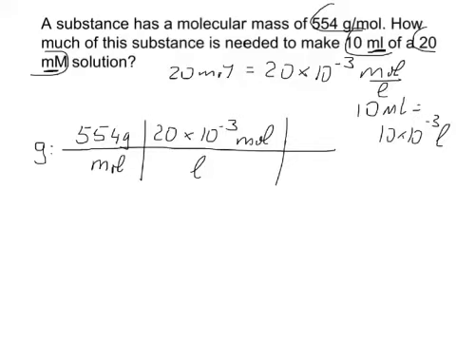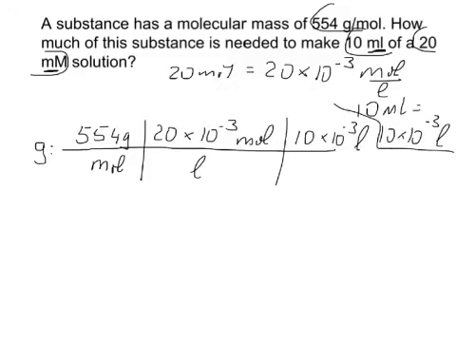Milli is 10 to the minus 3. So all we need to do is we need to write it in such a way that the liter here, which is down here, will find its equivalent up here. So we put these liters up here. So we have 10 times 10 to the minus 3 liters. Probably should do it like that.